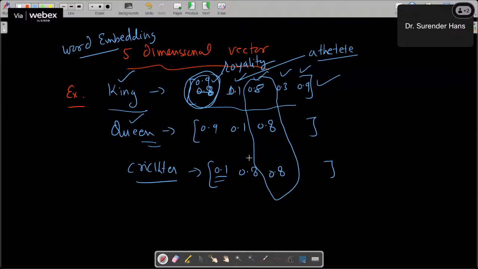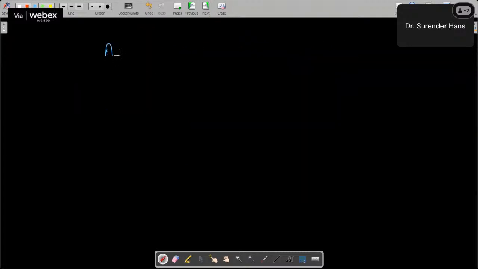The problem of this average meaning is that the representation is static, not dynamic. This representation of a vector, this word embedding, is a static representation, not dynamic. This one is the average.